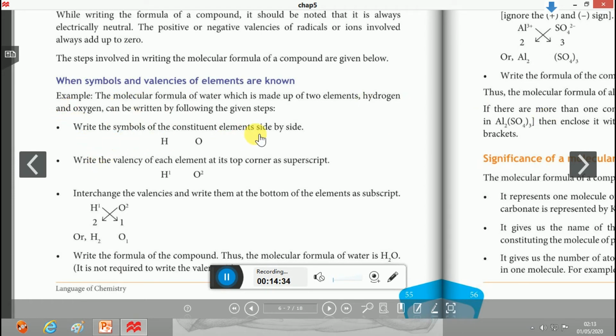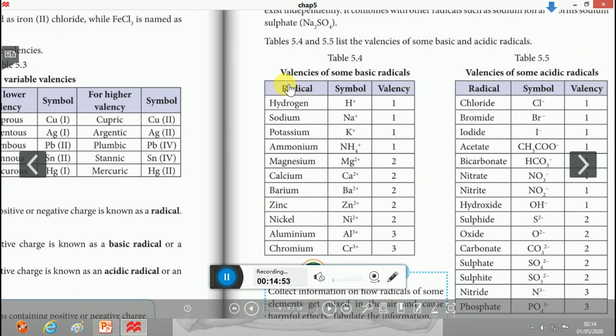What are the symbols? Hydrogen and oxygen. Why should we write hydrogen first? Because hydrogen is the basic radical. How do you know that hydrogen is a basic radical? In the previous page, in table 5.4, hydrogen is the basic radical, symbol H plus, valency 1.